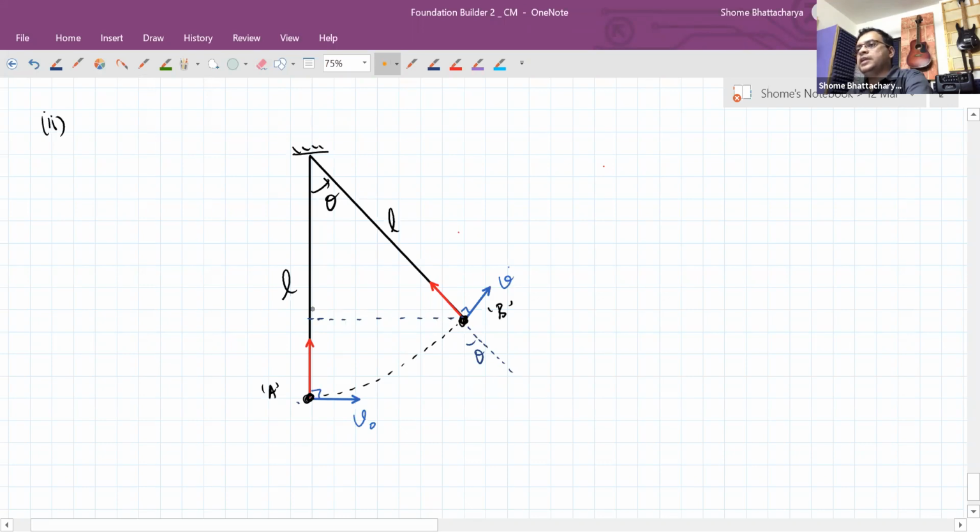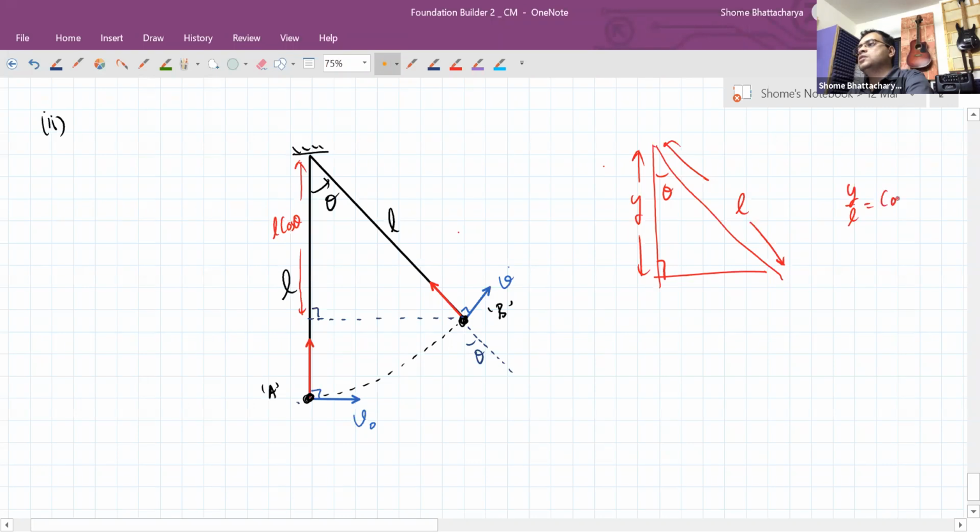So if I drop this perpendicular, you can see that this distance from here to here, it is what? It is L cos theta. Because in this right angle triangle, you can see this side is L, this side is Y, and this angle is theta. So Y by L is cos theta. So that is L cos theta. Okay. So now this height, this is what I need to calculate.